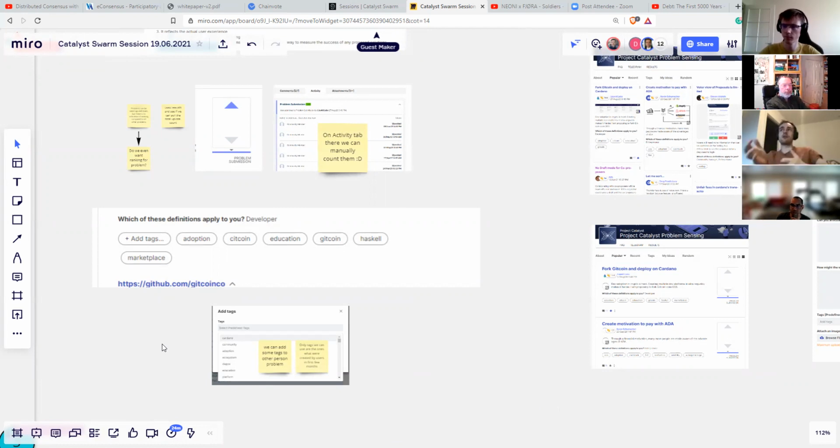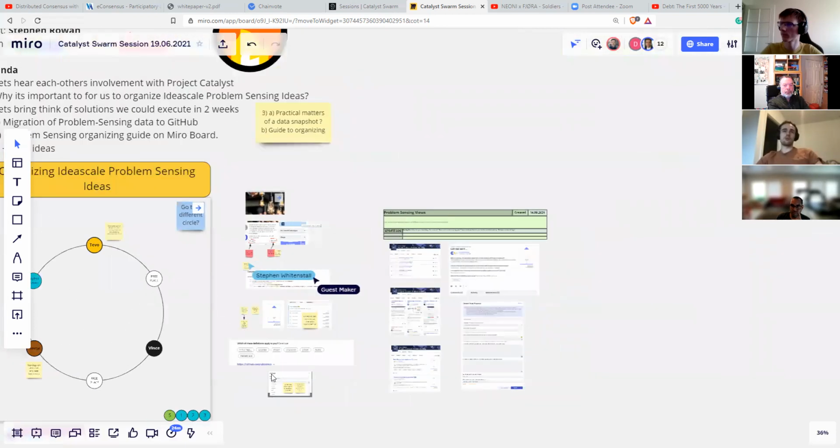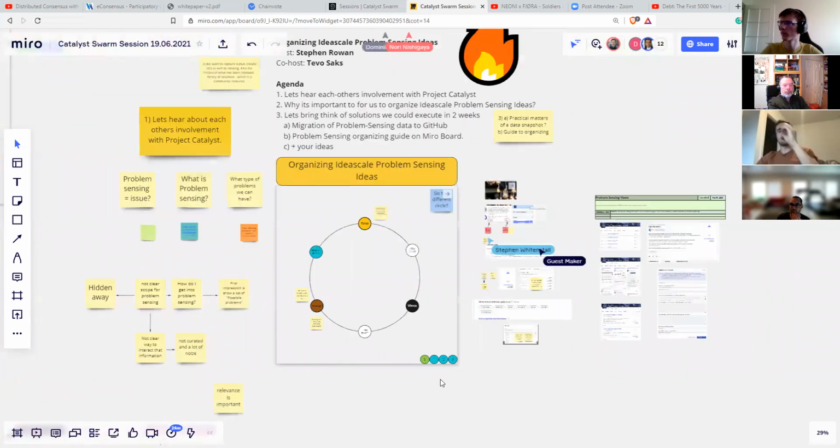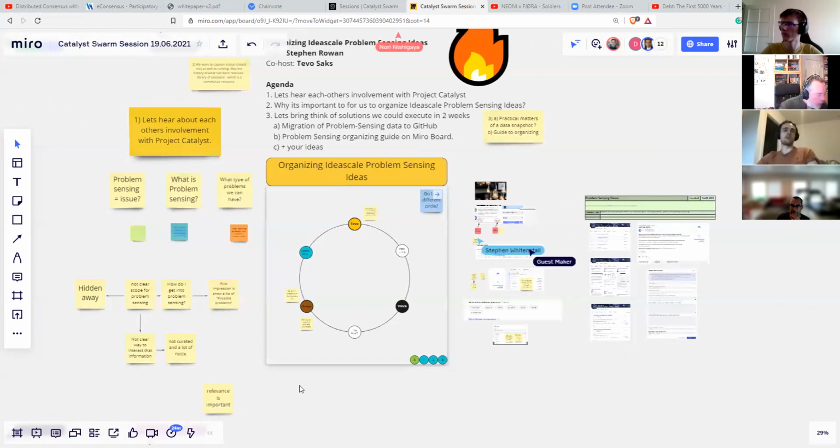And then, for instance, in problem sensing, there might be 5 key categories where you'd want to filter, such as Ideascale improvements, learning resources, or certain things that are key categories within that could be improved, about certain topics. How do you, sorry, George, how do you think you would arrive at those categories?